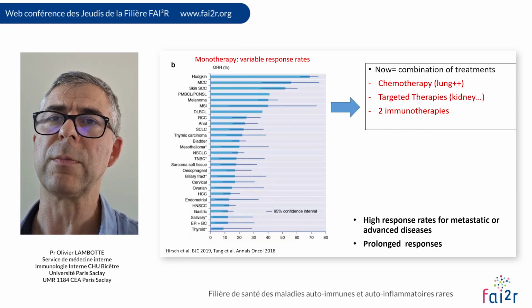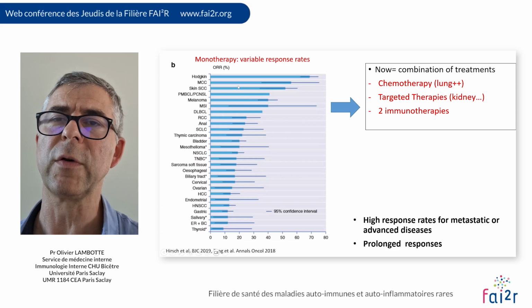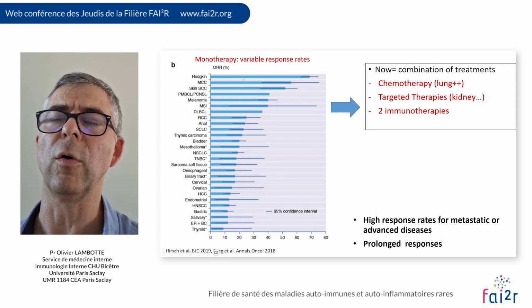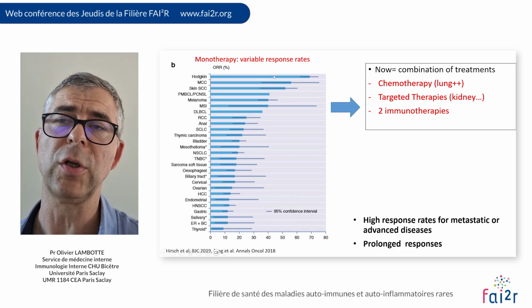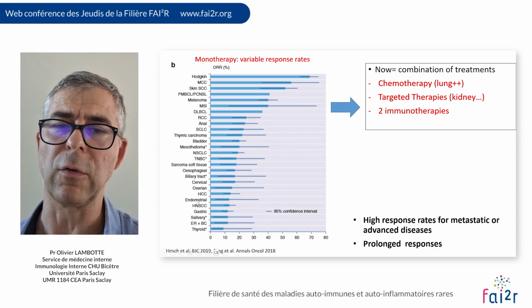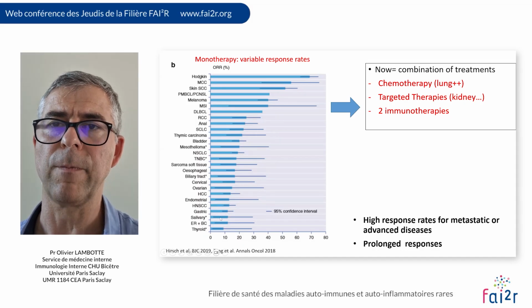You have here on this picture the overall response rate with monotherapy. You can see that the ORR were rather heterogeneous. With Hodgkin disease, you have nearly 70% of response, contrasting with less than 10% for the cancer at the bottom here.